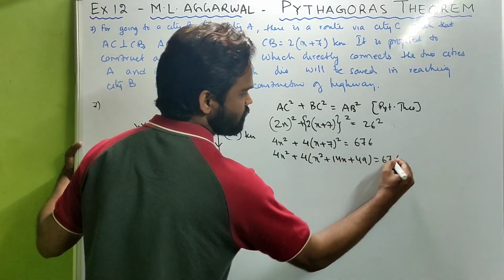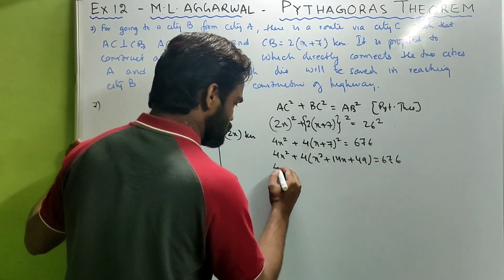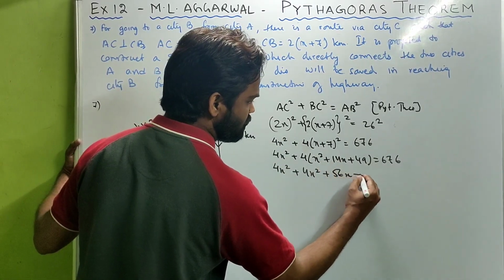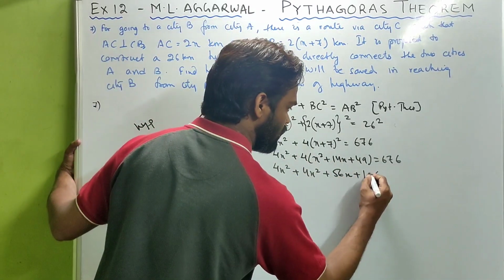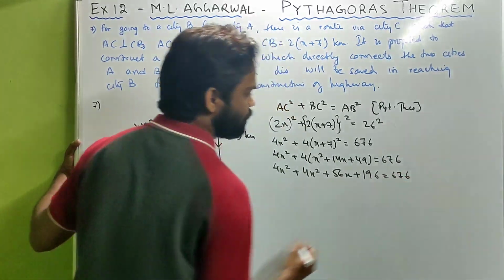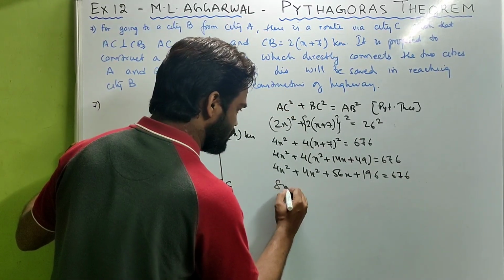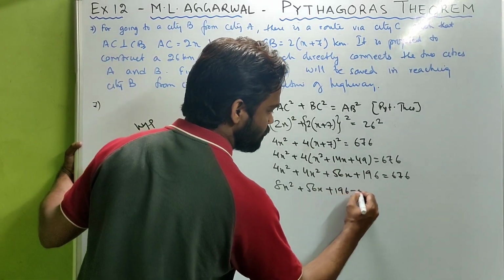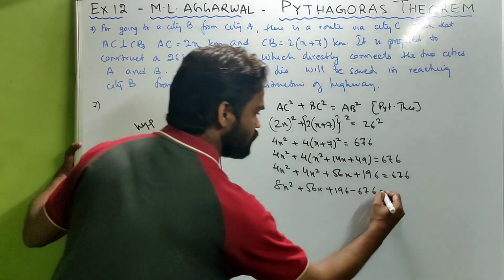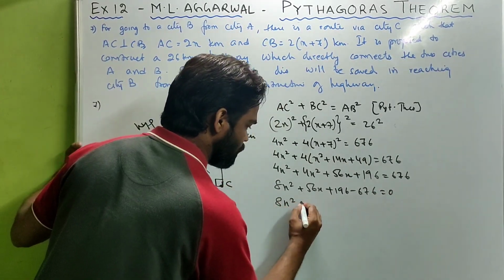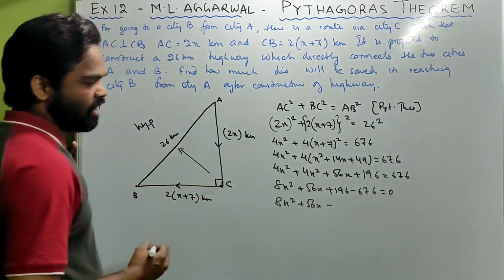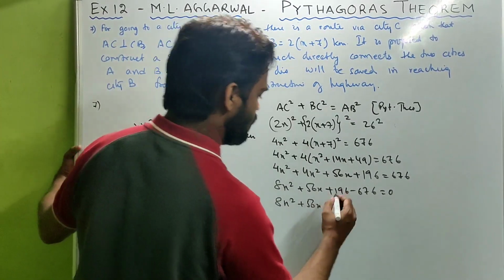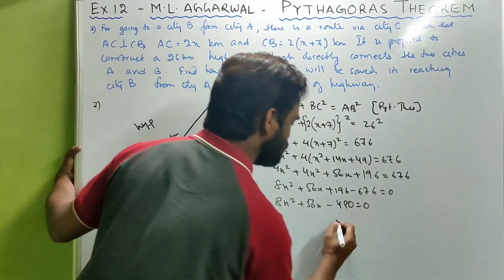So this is 4x square plus 4x square plus 56x plus 4 nines are 36, 196 equals 676. So that's 8x square plus 56x plus 196 minus 676 equals 0, which is 8x square plus 56x minus 480 equals 0.